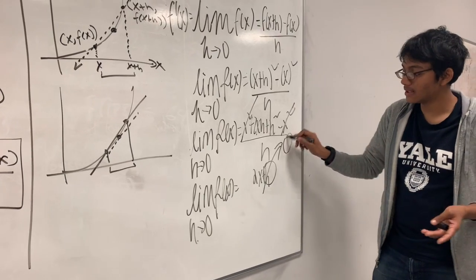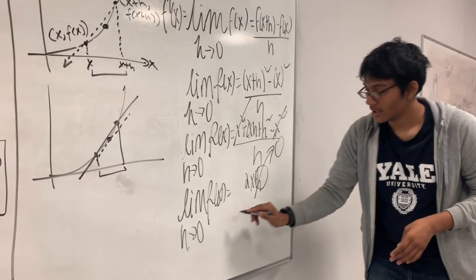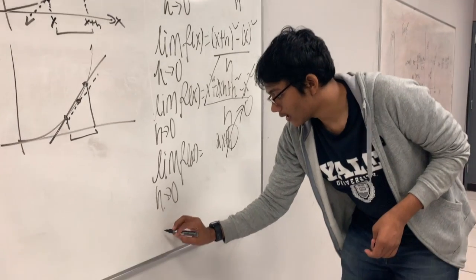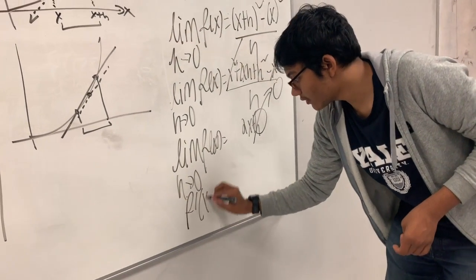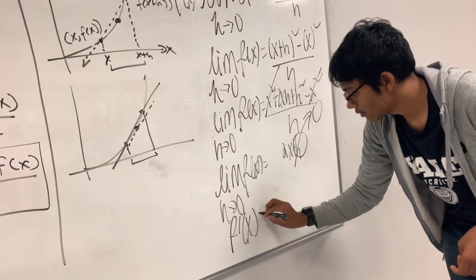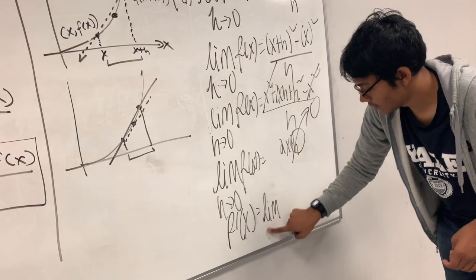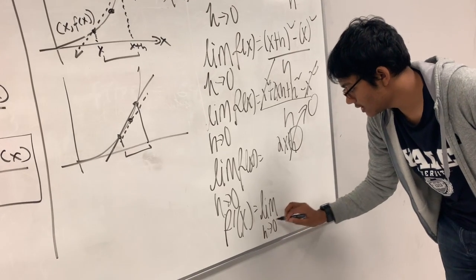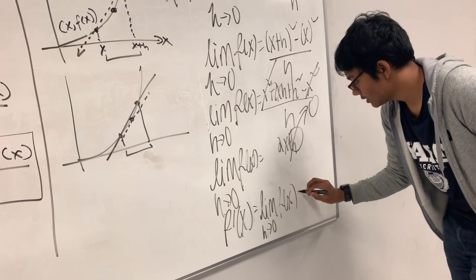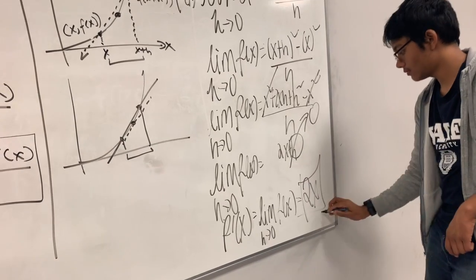We can just pretend it's 0, even though it never actually becomes 0. And so, the derivative of our original function, x squared, is equal to the limit as h approaches 0 of f of x. And that turns out to be 2x.